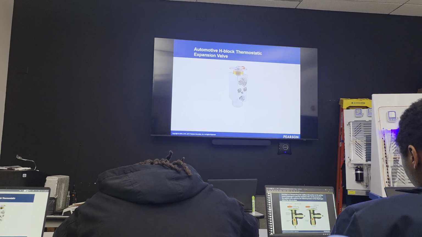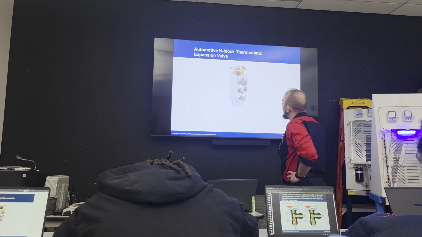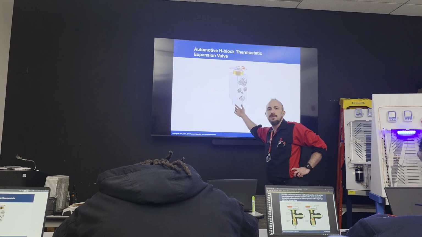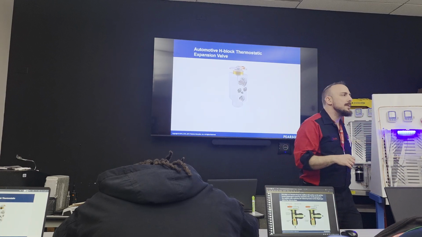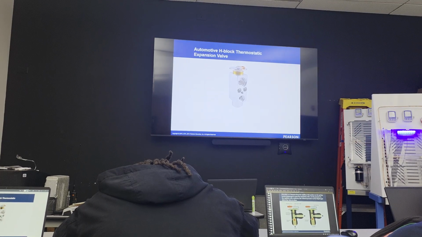Lower refrigerant charges, much more efficient, less power demand, things like that. This is the new style expansion valve. Gotta be something like 95% of vehicles are equipped with these. But you still need to know what the orifice tube setup looks like. Okay, you're still gonna work on it, you're still around. Tahoes, I showed you. This is the H block expansion valve.